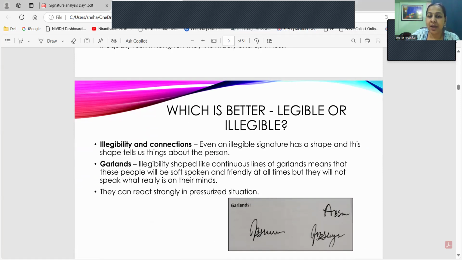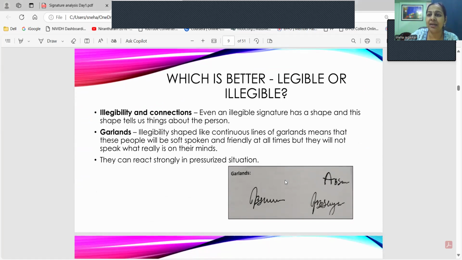Okay. Now comes the important part of illegibility and connections. There are four to five different things that we need to take into consideration when I'm saying illegibility. As I'm moving forward, letting you know about the different signatures, or the different parts of one particular signature, remember how many aspects you need to take into consideration.